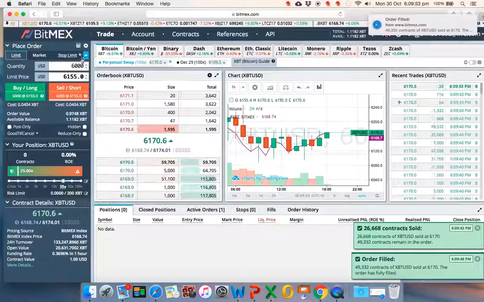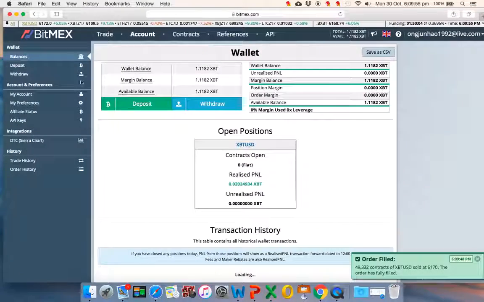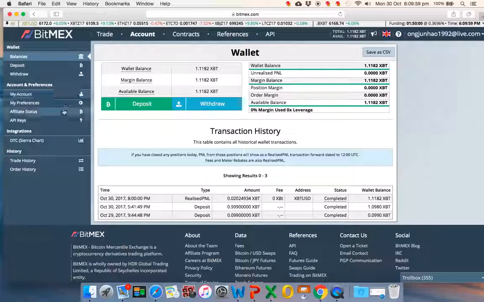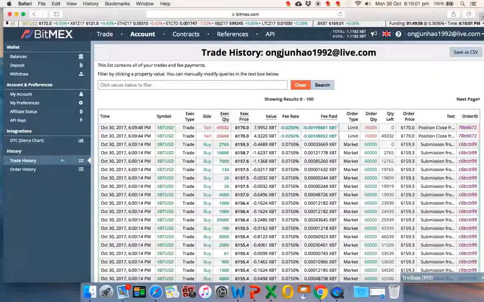So basically, if you look at the order history now, I've made some money within just these few minutes. I bought the Bitcoin at 6158 and I sold it at 6170. So that's approximately $10 earned, slightly more than that, but minusing away the transaction cost, it's around $10.